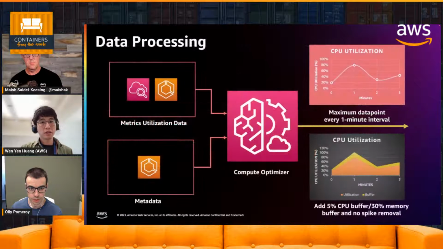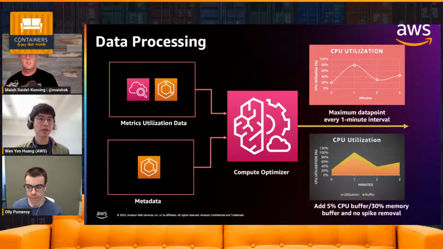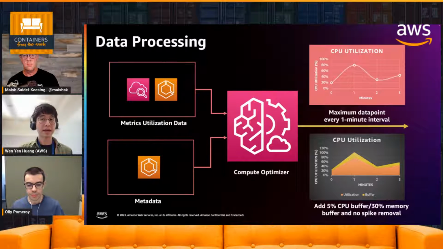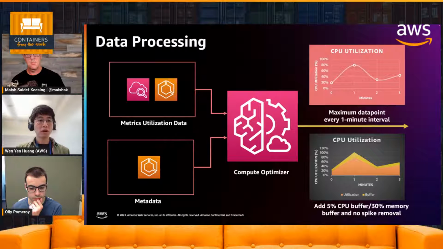And here is a little bit more detail about the data processing. The good thing about using AWS Compute Optimizer is that you don't need to pay for third-party monitoring tools. What you have to do is just enable Compute Optimizer, and it's totally free.